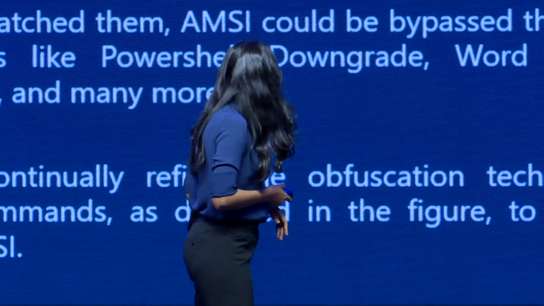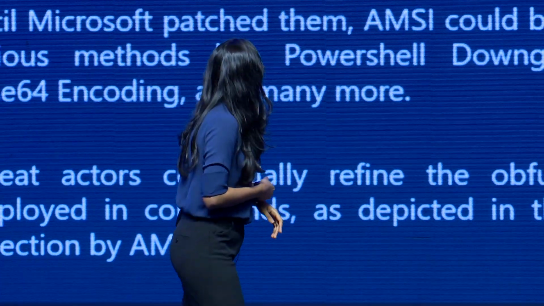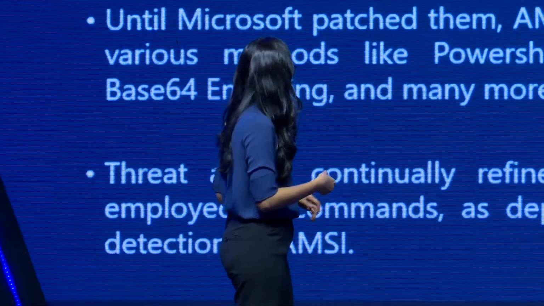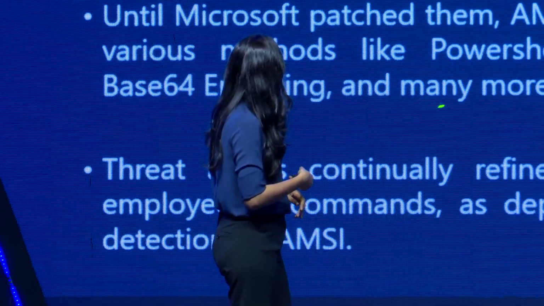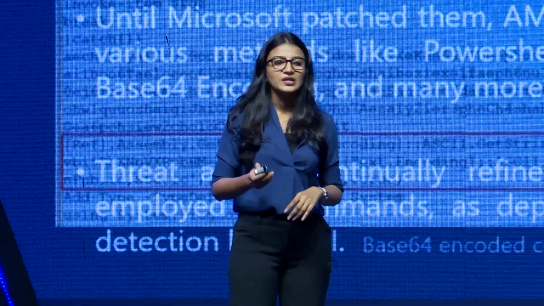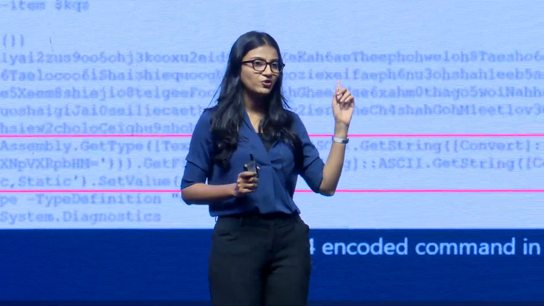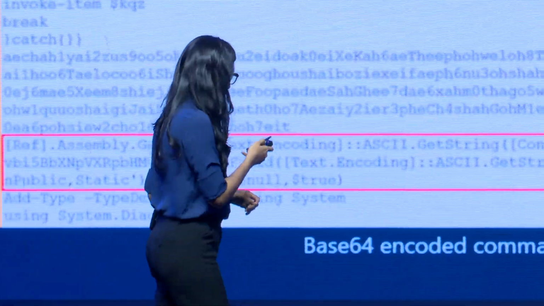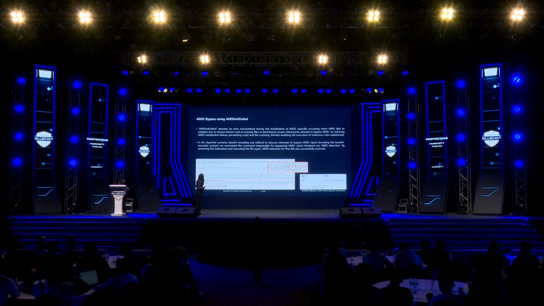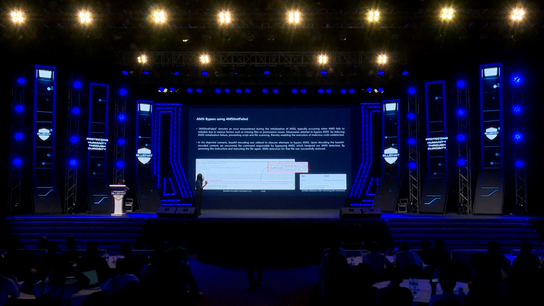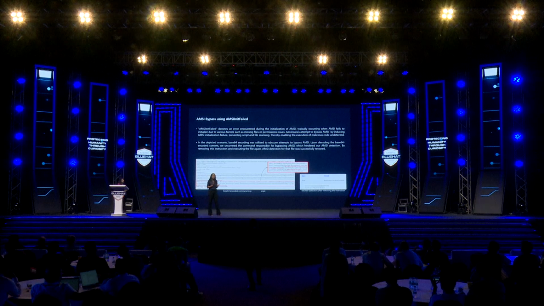How? So there are multiple ways they can bypass AMSI now. PowerShell downgrade, word splitting, base64 encoding, and much more. Speaking of base64 encoding, I have kept one case study here, where if you can see, they are bypassing using this entire parameter called amsiInitFailed. amsiInitFailed is failing of AMSI initialization.